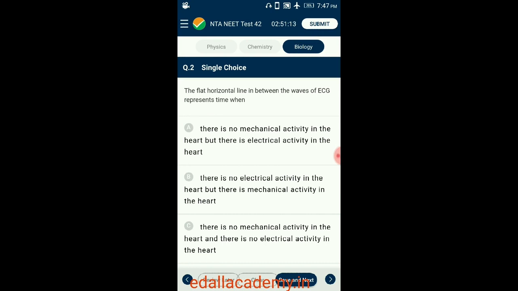The flat horizontal line is called the isoelectric line. There is no electrical activity, but there will be a mechanical activity. Example, ST segment indicates atrial contraction. So the correct option for this question is option B. There is no electrical activity in the heart, but there is a mechanical activity in the heart. So the correct option is B.